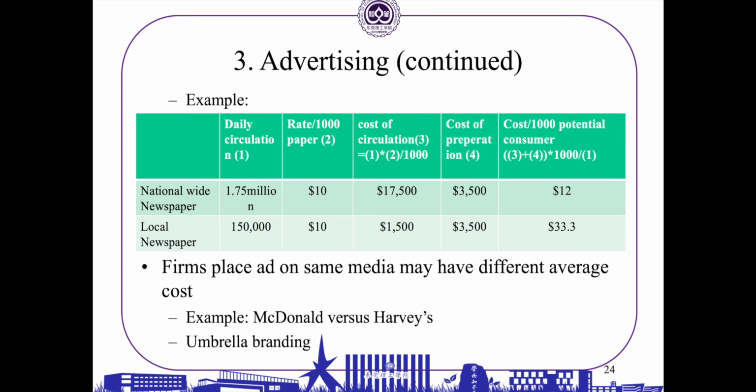Suppose McDonald's and Harvey's, a Canadian local burger provider, place their advertising on a Canadian sports television network. Since there are 5 times as many McDonald's as Harvey's in Canada, almost every TV watcher can find a McDonald's nearby but not a Harvey's.